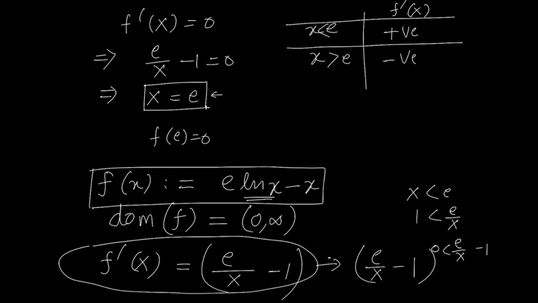So from this information, if we try to plot the graph of f, suppose this is the x-axis, this is the y-axis, and this is the origin, and f(x) is defined for positive numbers, and suppose this is e.